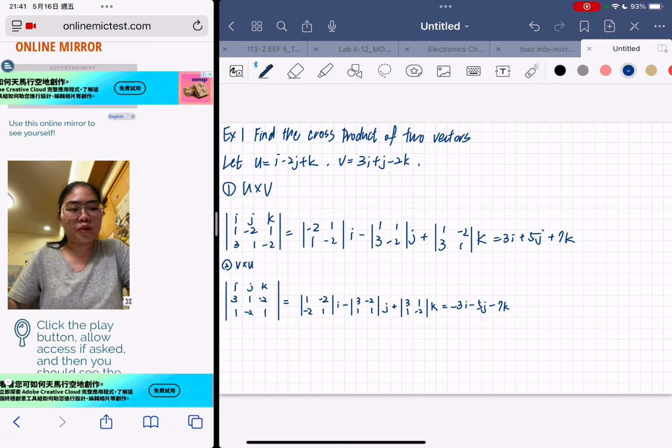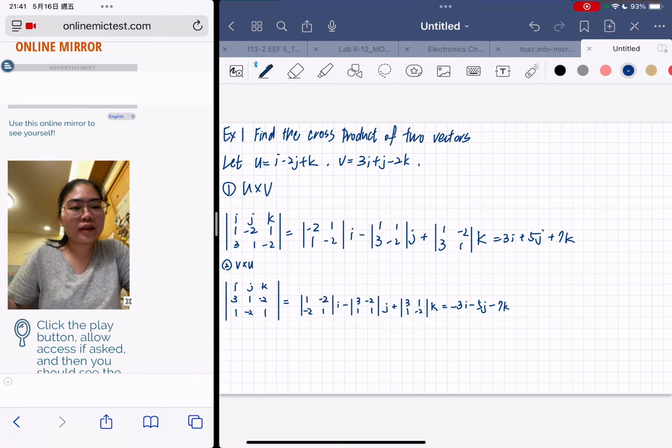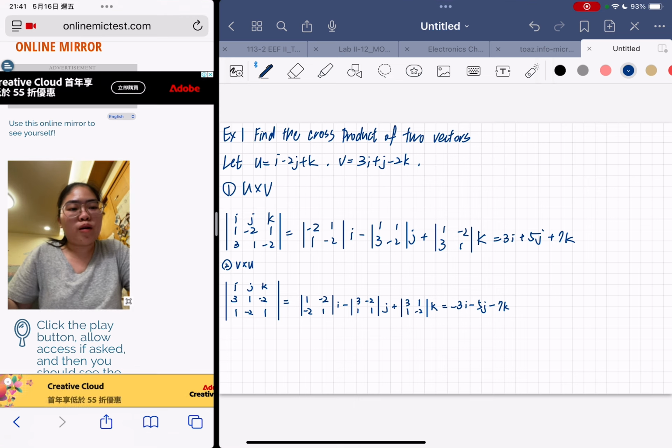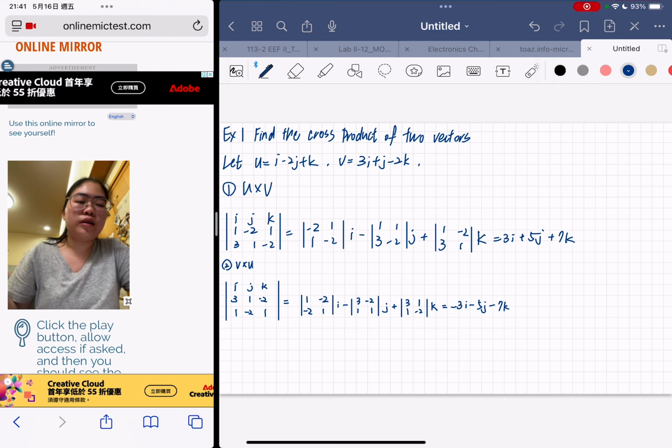And it equals −3i − 5j − 7k. We can observe that the final results of U × V and V × U are different, with one negative sign difference.